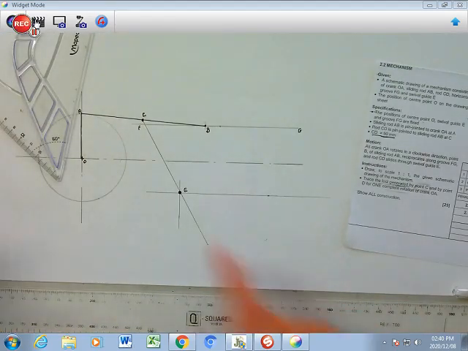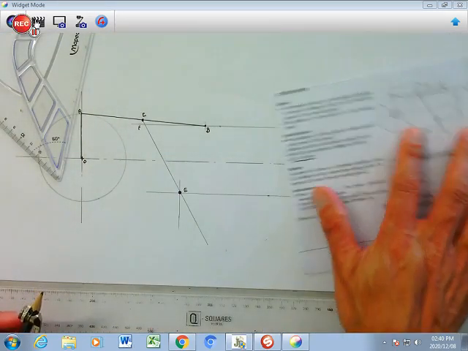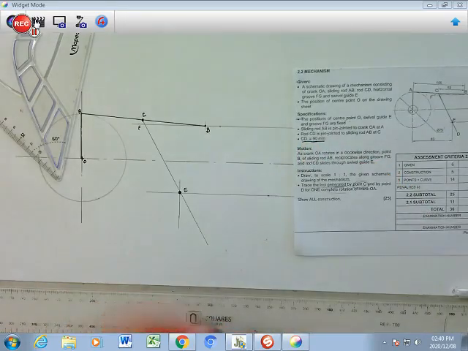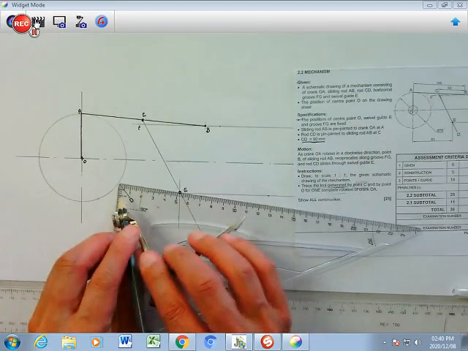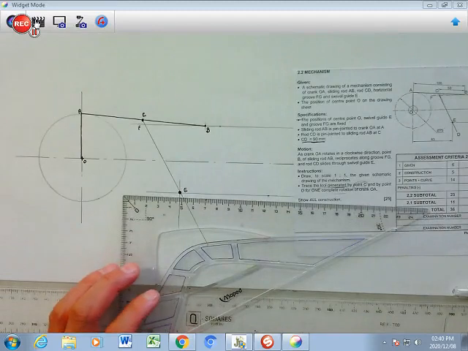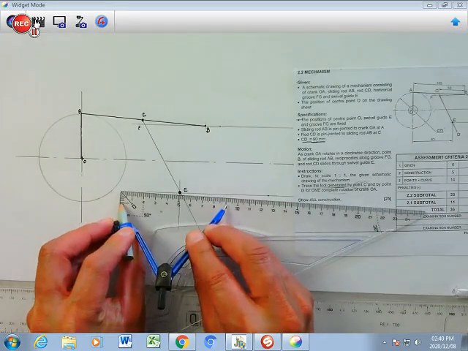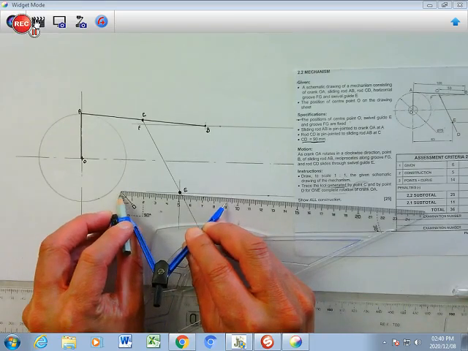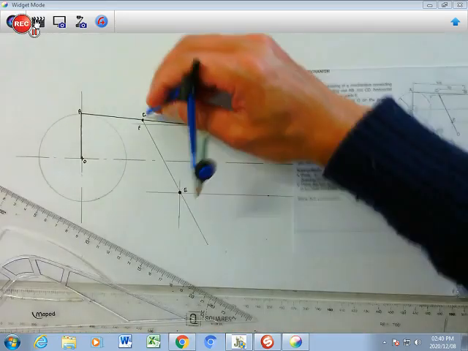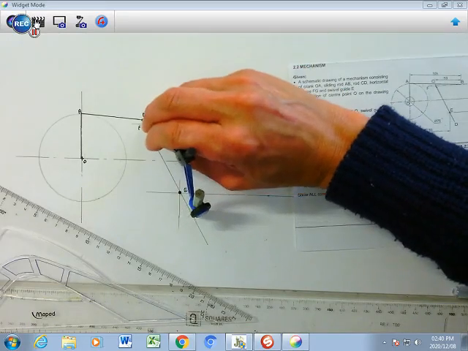But the length of that is not given here, but they do tell you here that CD is 90, and that is where you're going to take your compass. I'm going to use another compass and say 90 millimeters, 90, and then from there I'm just going to mark it off.